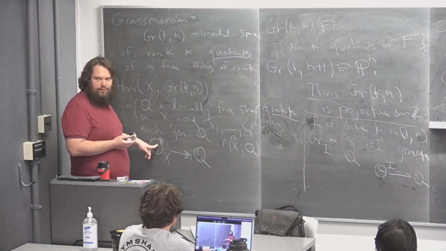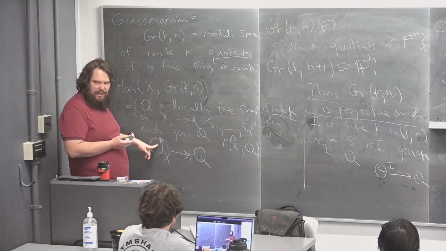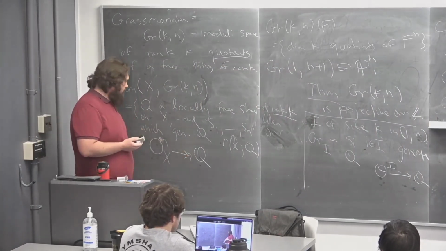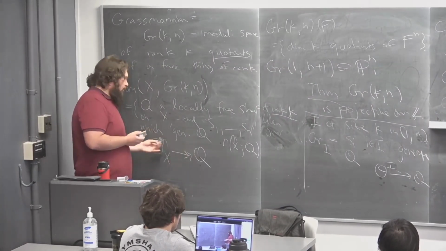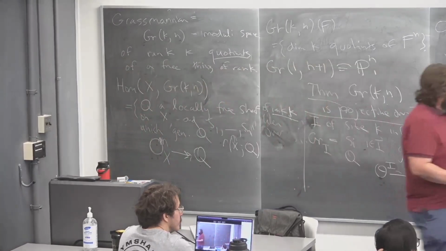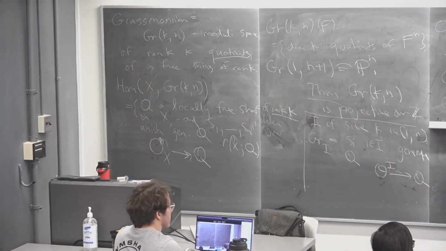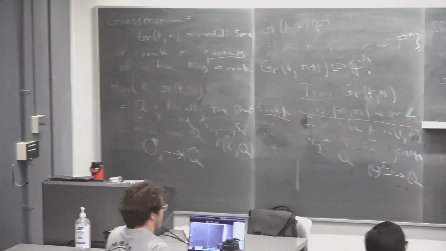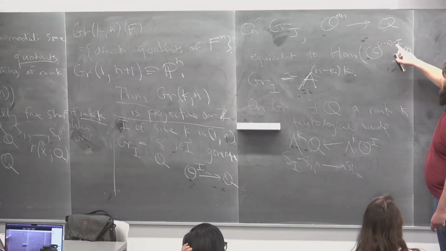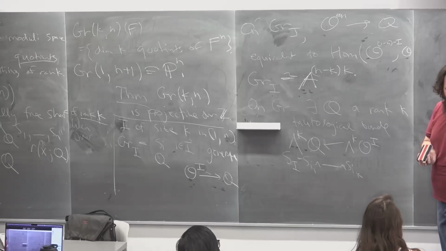So if you really are determined to have a dimension k subbundle, you look at the kernel and then you look at the perp of the kernel. I mean, look at the subbundle where the coordinates along I are set to 0.